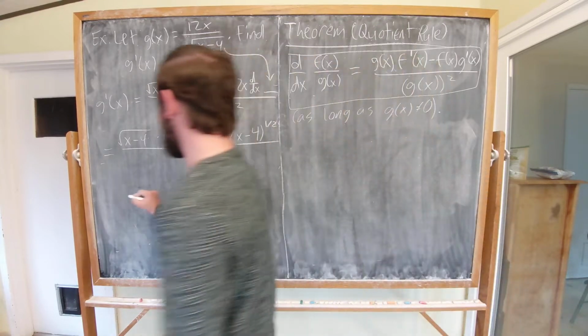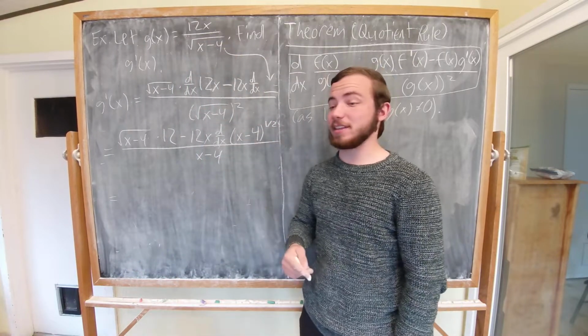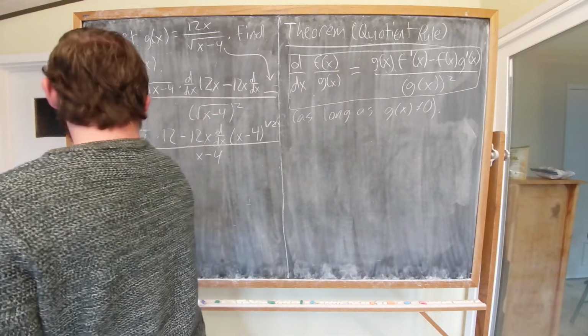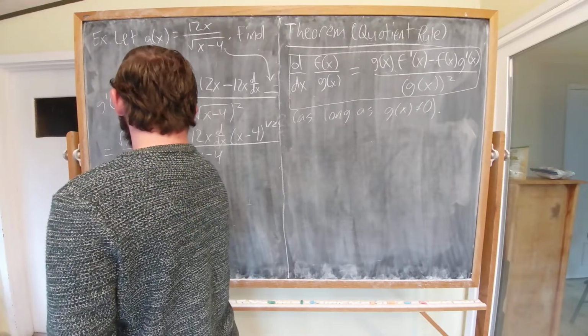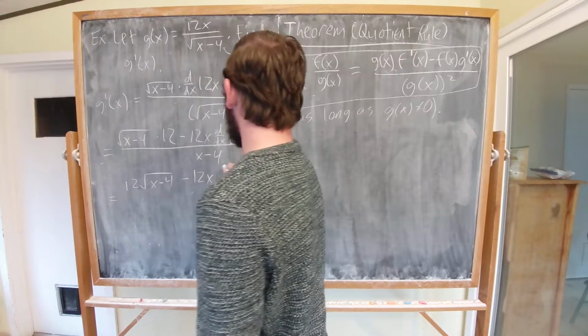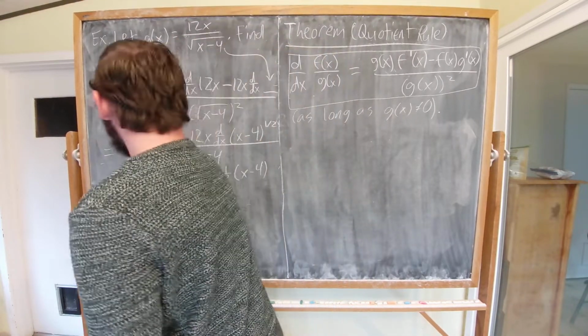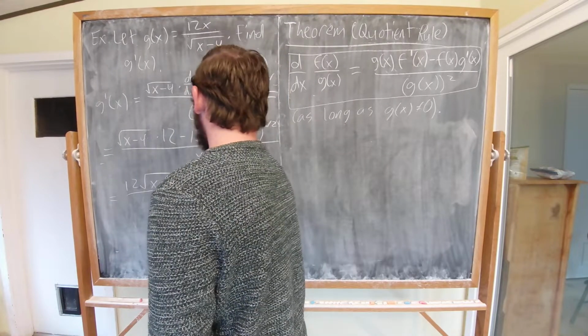I'm going to tell you what that derivative is, and for the why, we'll see it in the next video. But this will give us 12 times the square root of x minus 4 minus 12x times 1/2 x minus 4, all divided by x minus 4.